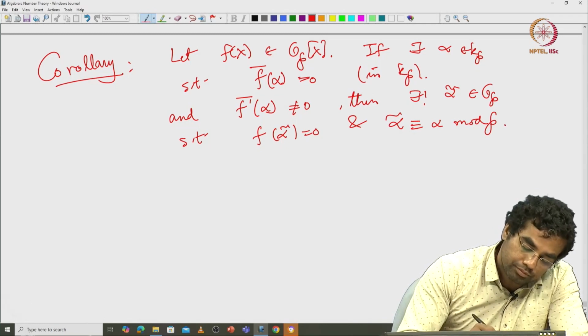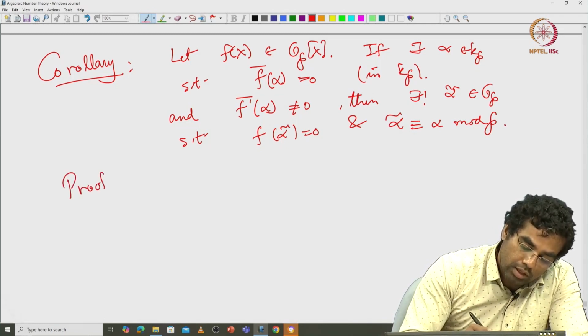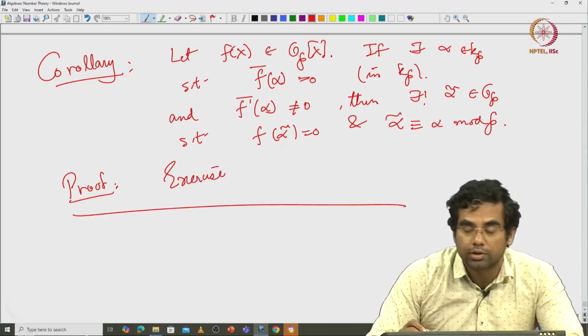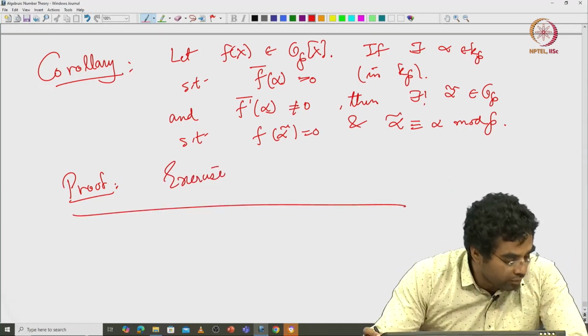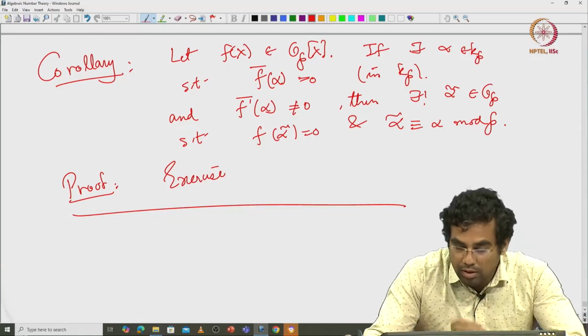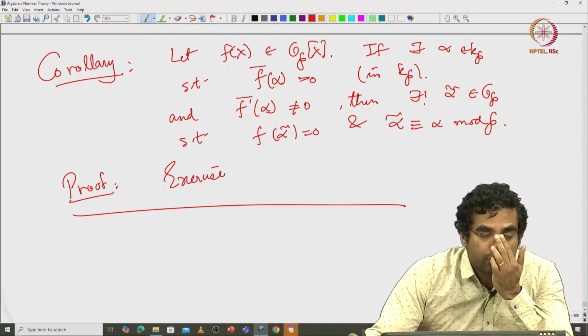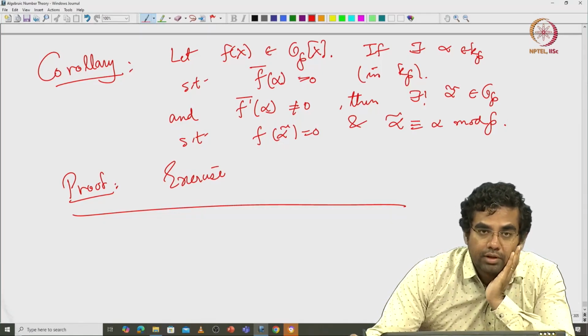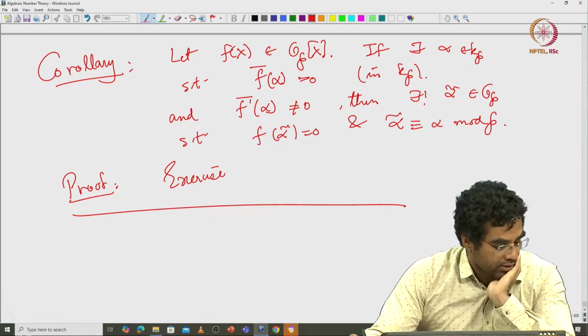So, you should take the proof of this as an exercise. This is a simple application of the lemma that we just proved, Hensel's lemma. Okay. So, this is exactly what we proved last time in the special case when p was 7 and f of x was x squared minus 2.